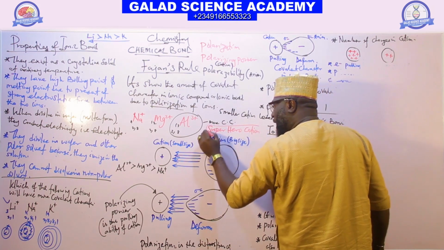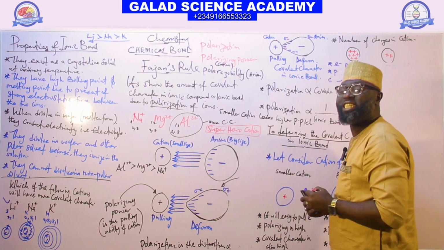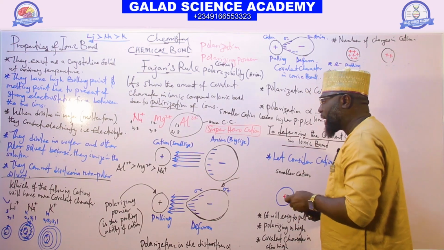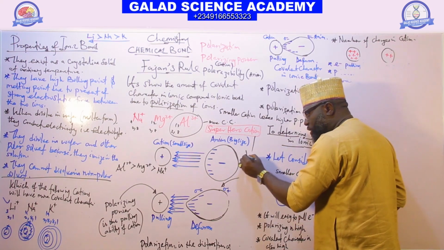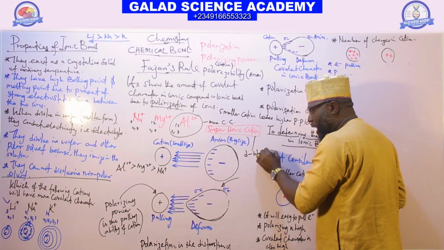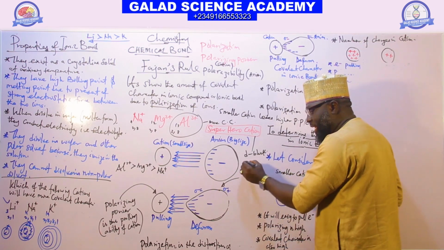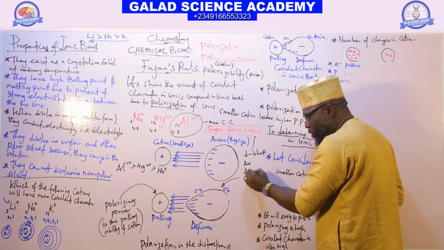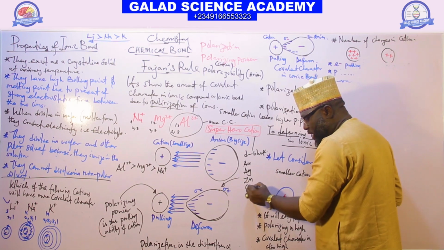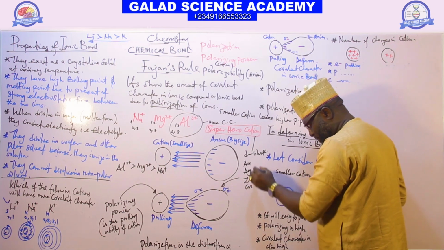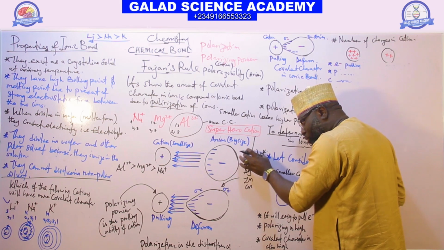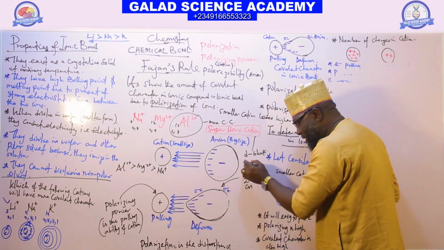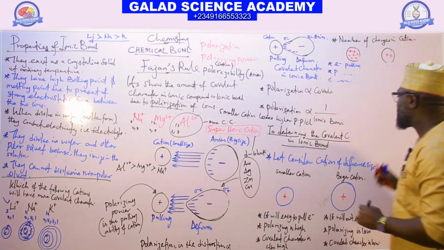This superhero cation is the cation of D block elements, the D block elements in positive form, which are transition elements like Ag, zinc, copper, all the D block elements.